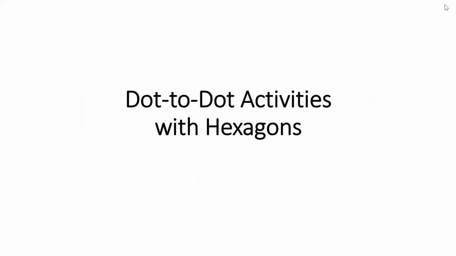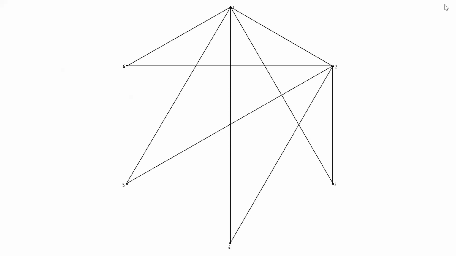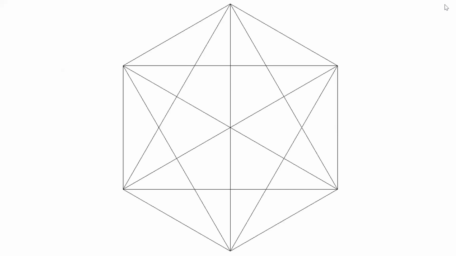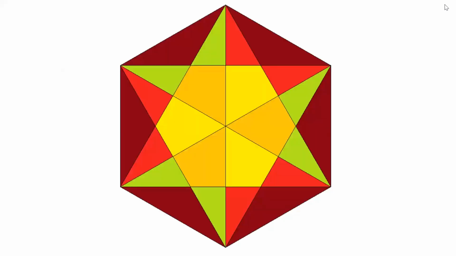Dot-to-dot activities with hexagons. If you just connect each vertex of the hexagon with each other vertex in a dot-to-dot activity, you can make this shape, which you can also color in. Quite a simple hexagonal design.